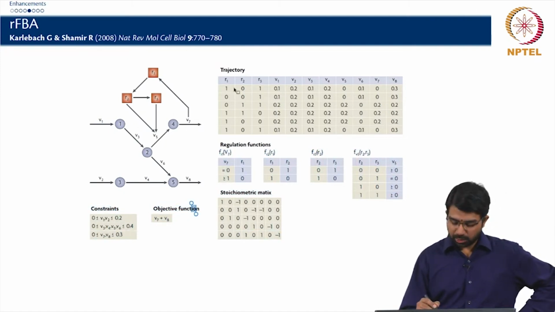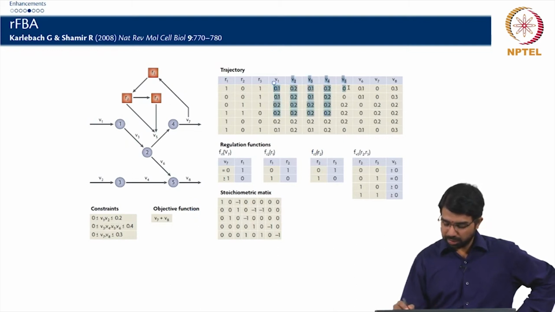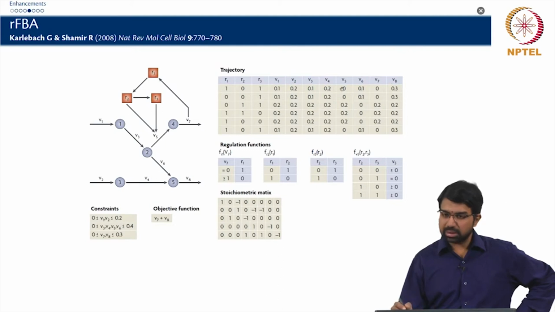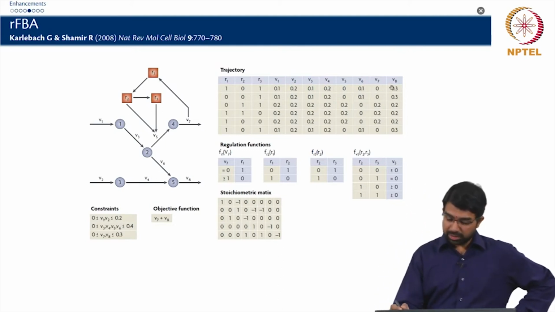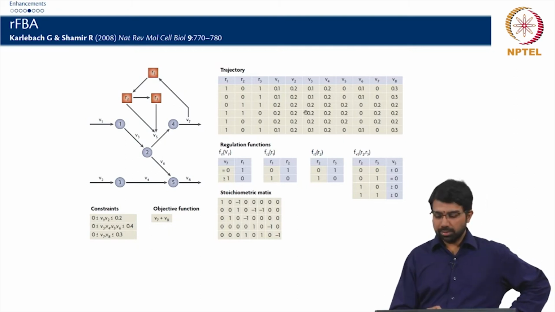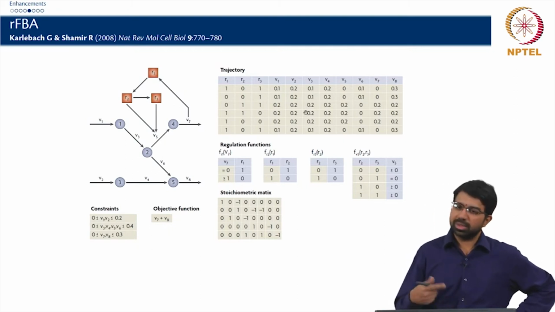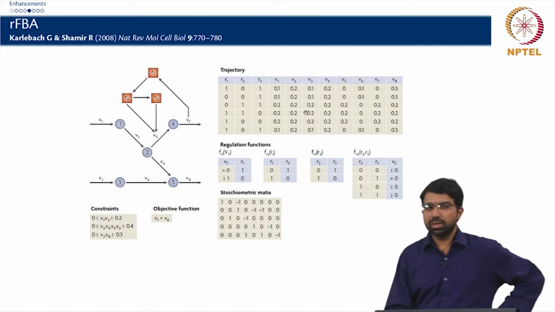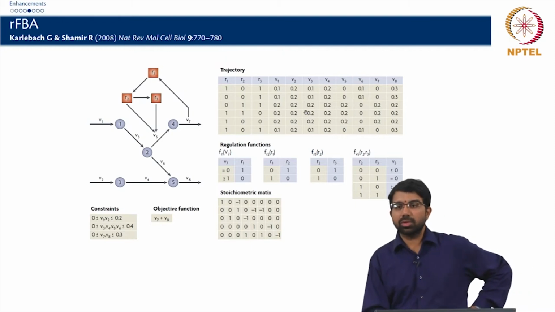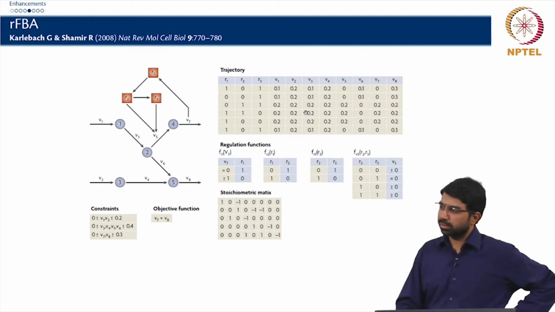With R0 as the initial condition, you compute this metabolic state. Based on this metabolic state you apply all these rules, come up with the next condition, next condition, next condition, and so on iteratively. Of course, this is a little computationally expensive, but you need to invest some effort if you have to get more accurate predictions.